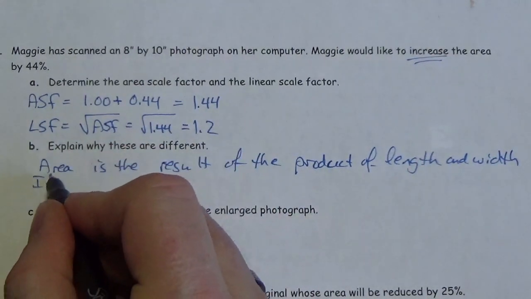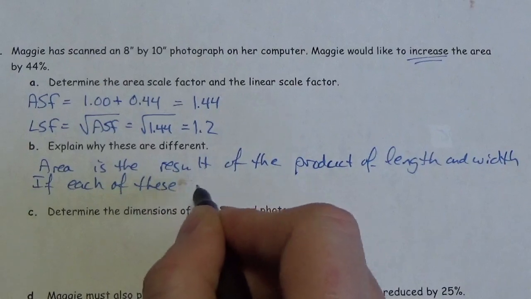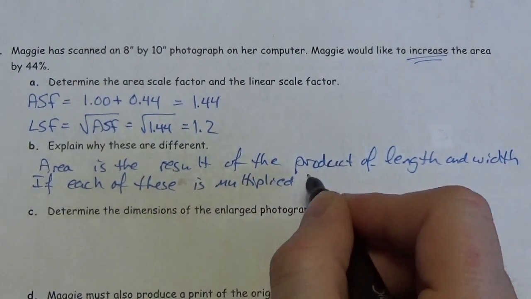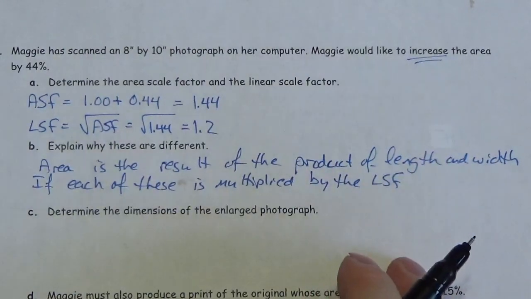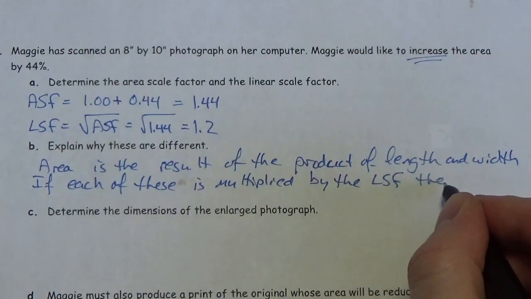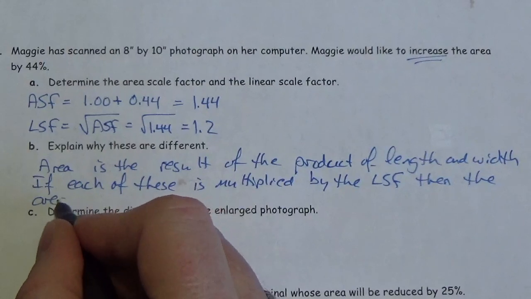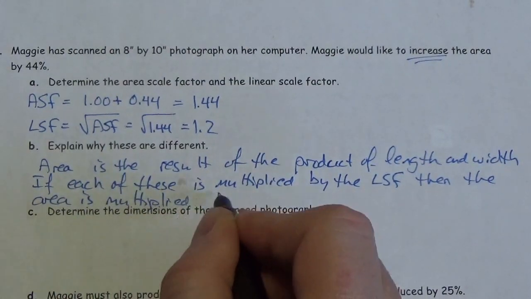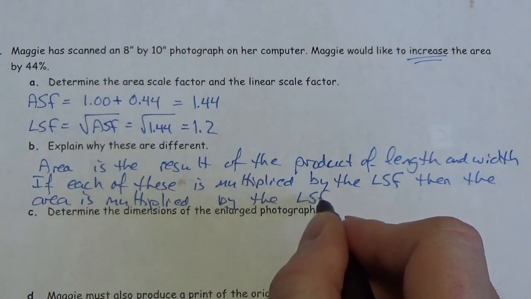If each of these is multiplied by the linear scale factor, then the area is multiplied by the linear scale factor squared.